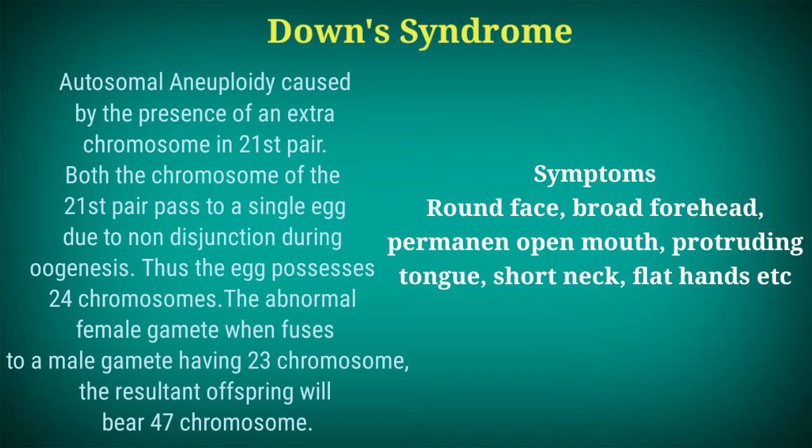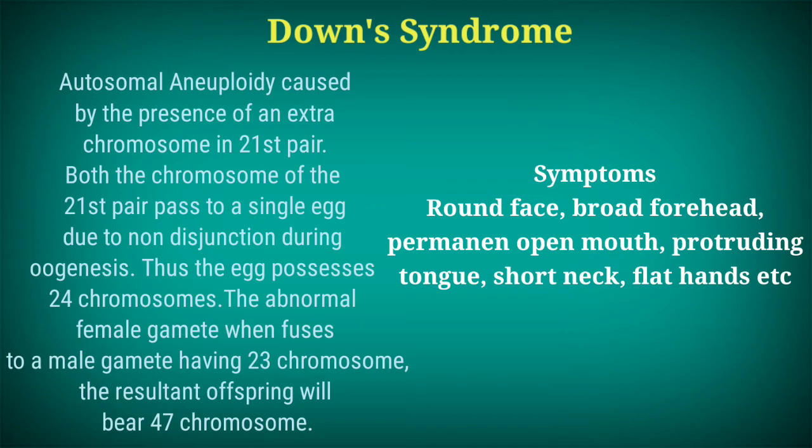Now, in case of Down syndrome, in the 21st pair of the chromosome, one more chromosome will be present in the resultant individual. That means the 21st pair, which must consist of 2 chromosomes, now bears 3 chromosomes.